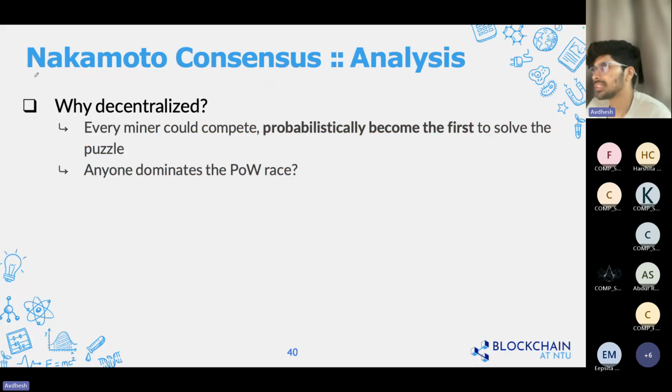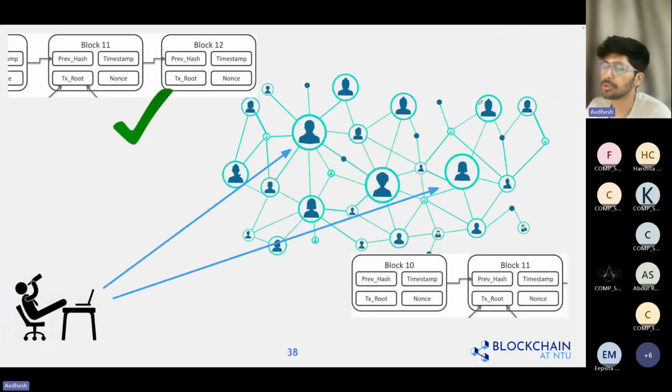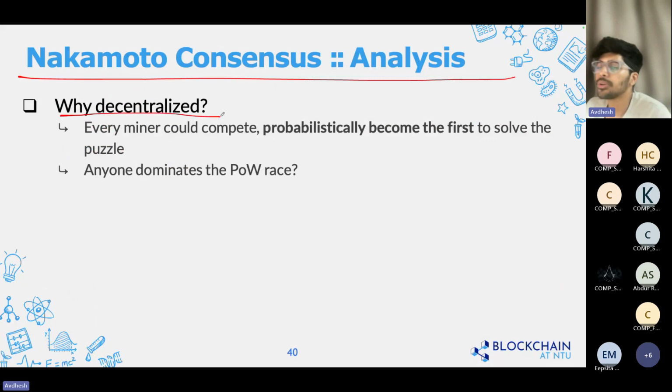So let's analyze the Nakamoto consensus and all the miners and the peer-to-peer network we have here. So why are we doing decentralization here? As you can see, we don't want a central authority, right? So the power should not be concentrated in one man's hand, or one institution.